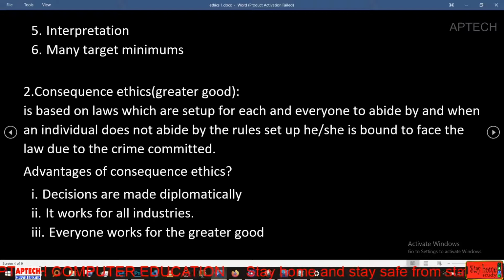So, if someone commits a crime, a person is liable to face the wrath of the law.